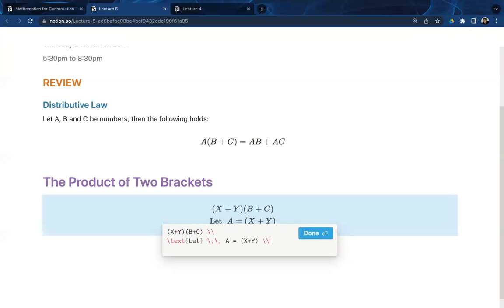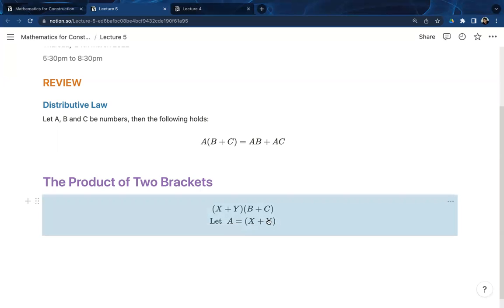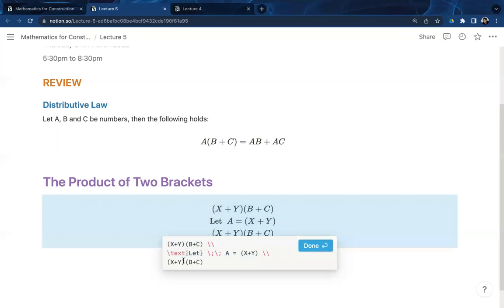If I let a be equal to x plus y, then in the next line I would get a by b plus c equals ab plus ac.